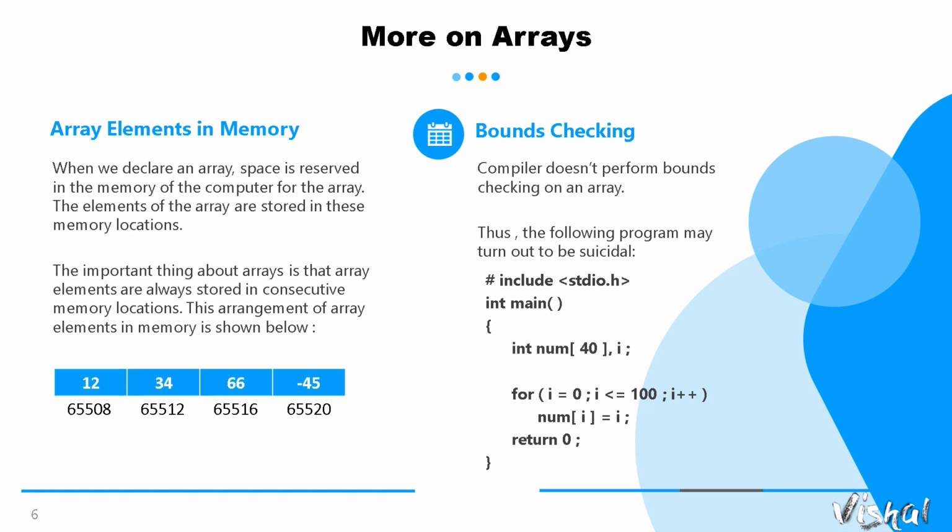Here is an example: we have taken the variable int num and given it the size 40, and in the following statement we have provided a loop which runs from 0 to 100, but this will not work because the size of num is only 40 and we are trying to store 100 values. Then the bound checking will fail here, and our compiler might get stuck, or jam.